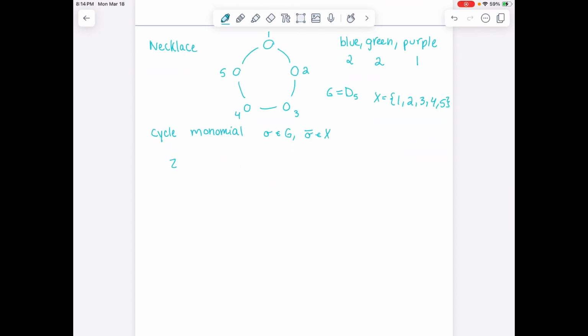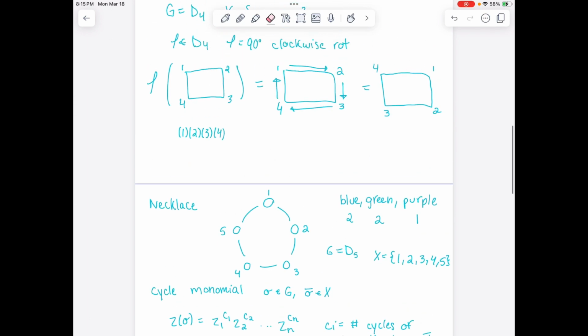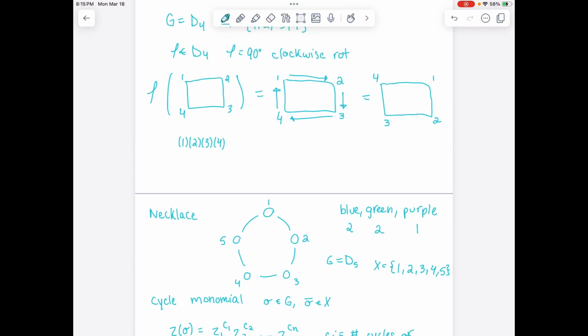Then the cycle monomial is defined in this way. So c_i is the number of cycles of length i in sigma bar. If we go back to this original example, this would be 4 cycles of length 1, but this would be 1 cycle of length 4, or just z4.